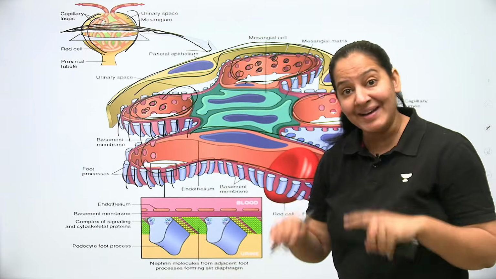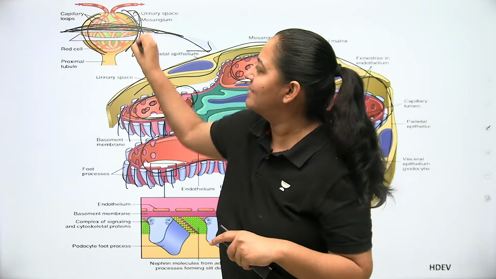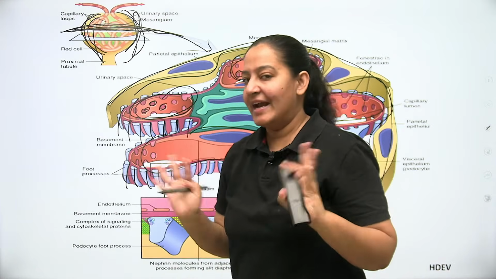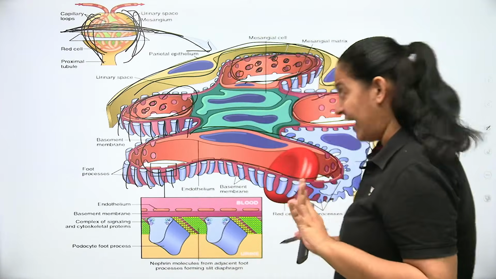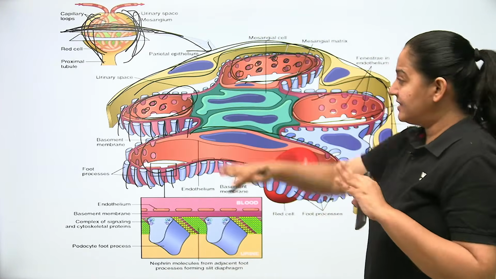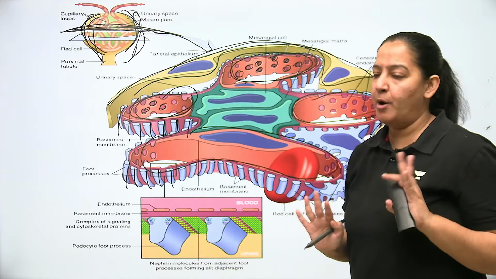Yes, it is the parietal epithelium of the Bowman's capsule. It is the complete covering. That is not coming in the filtration barrier, but yes, it is present. Very good, gaming. It is the parietal epithelium of the Bowman's capsule.